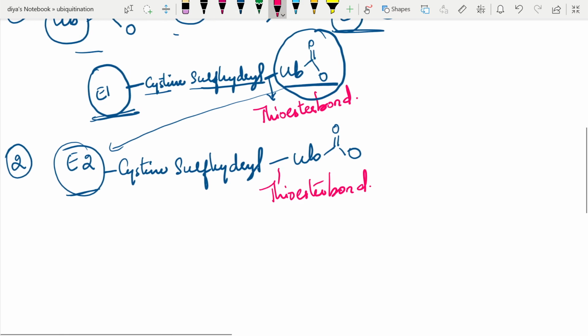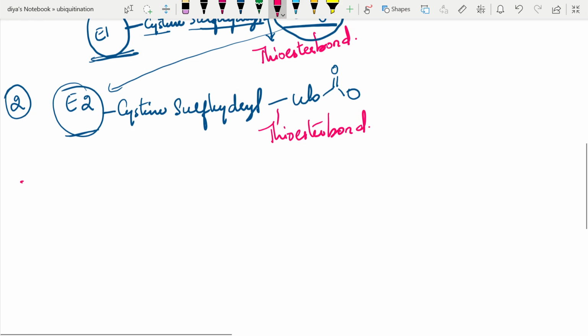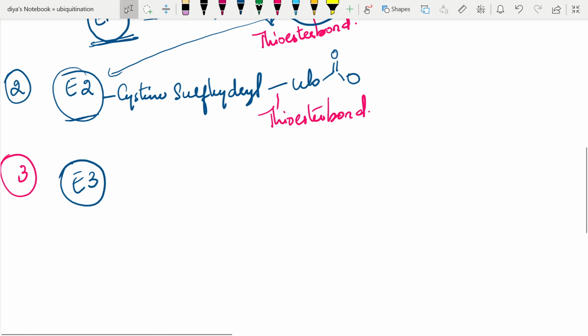In the third step, the E3 enzyme is involved. The E3 enzyme is attached to the substrate, that is the protein which has to be degraded.